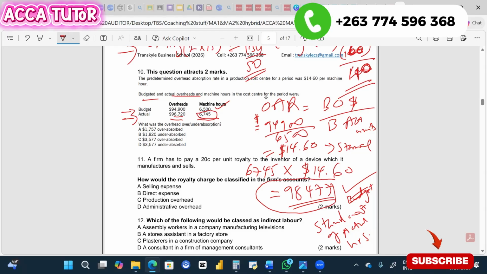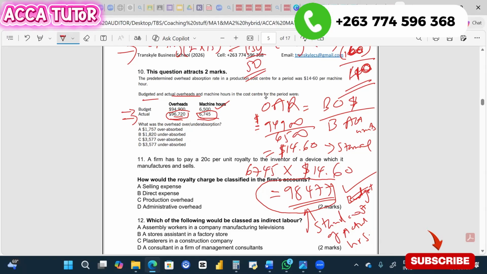However, we incurred 96,720. So you can see that in terms of our budget, we over budgeted, or we over absorbed. Because the reality was that we incurred 96,720 instead of 98,477. So in this case, we over absorbed, we over budgeted. Do you get it?